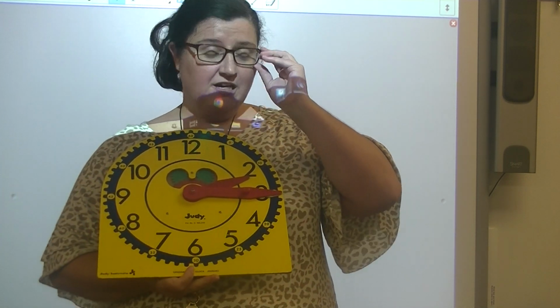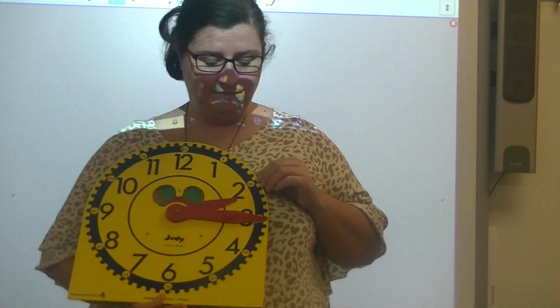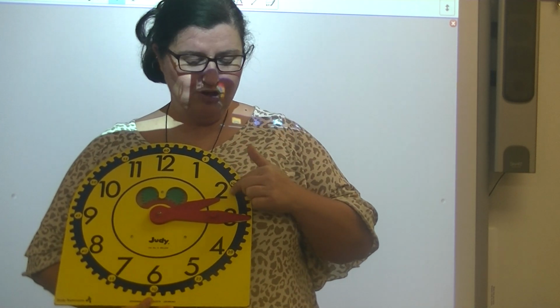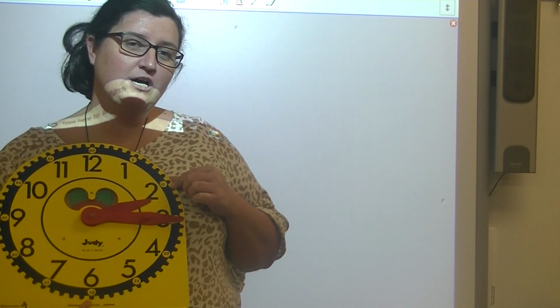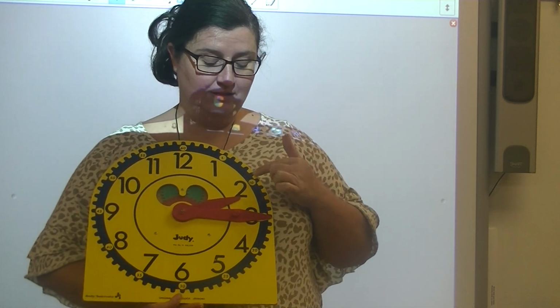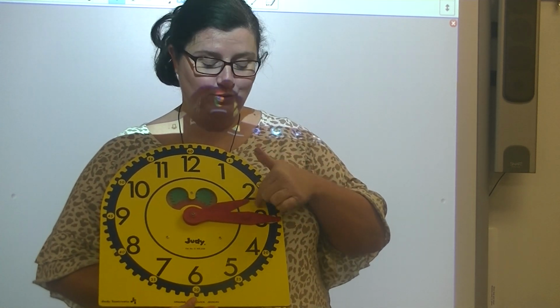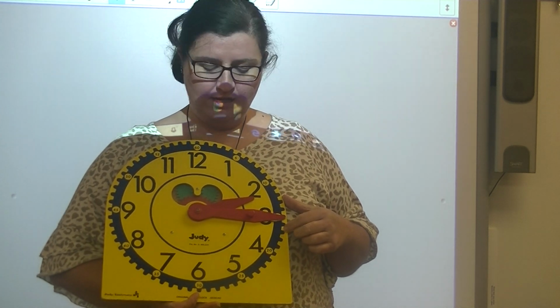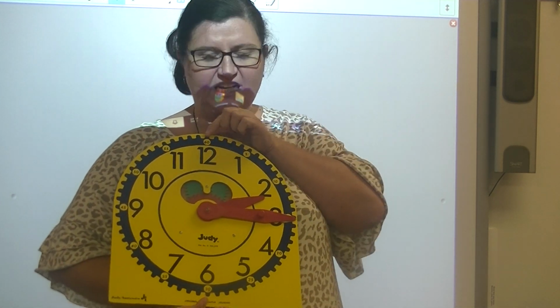Now let's try again. Let's look at my clock. All right, where is my hour hand? It is right here close to the 2, between the 2 and the 3. So which number has my hour hand passed? It's past the 2. All right, and we're going to find out how many minutes. When I start counting by 5s, can I start here?